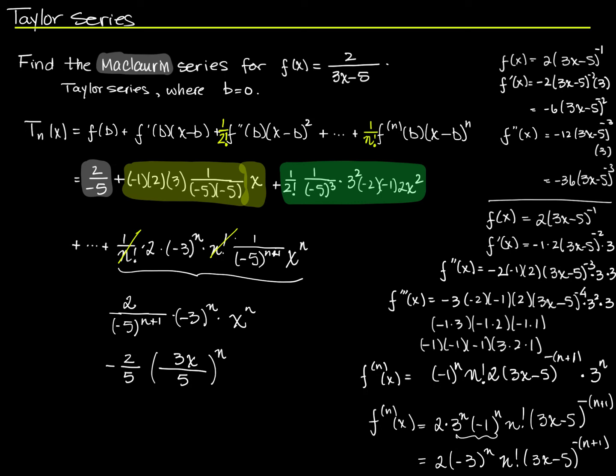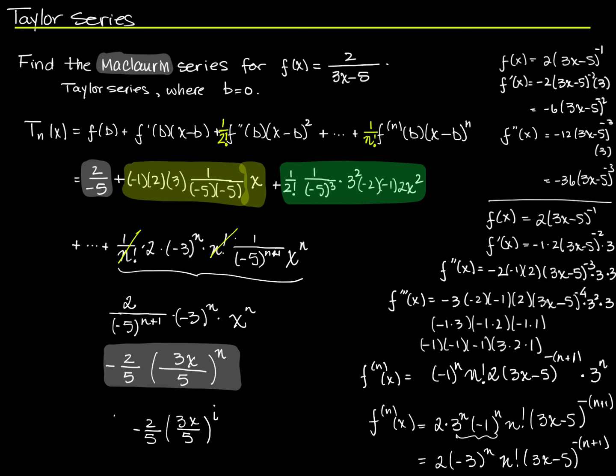Let's get a highlighter here. This is my nth term. Well, if that's my nth term, then I can use it to represent my first and my second and my third term as well. All I have to do is say, take negative 2/5 times 3x over 5, raise that to the ith power, and then add these all up.